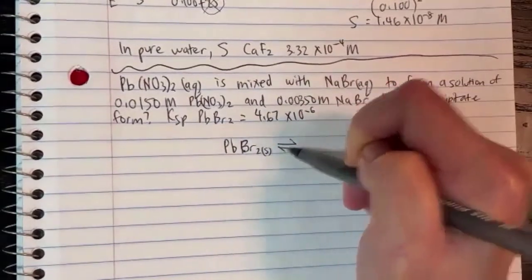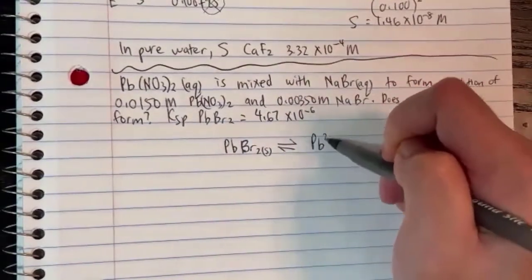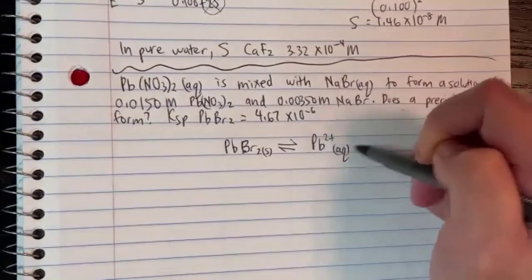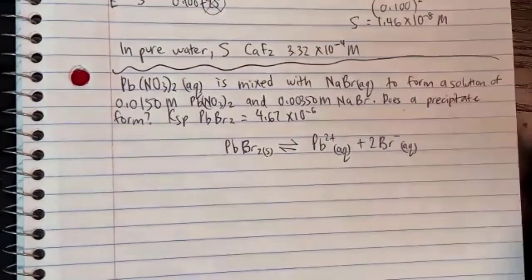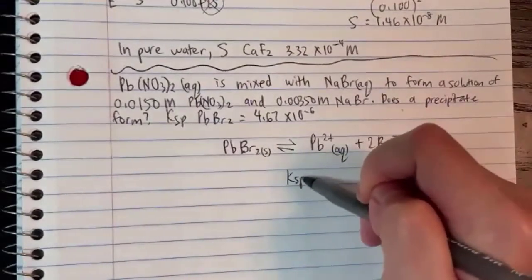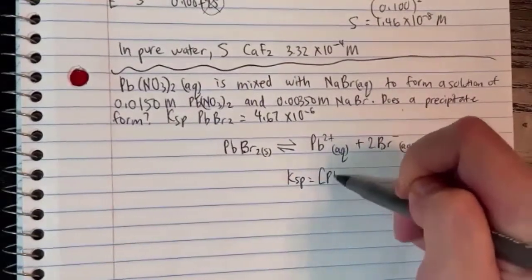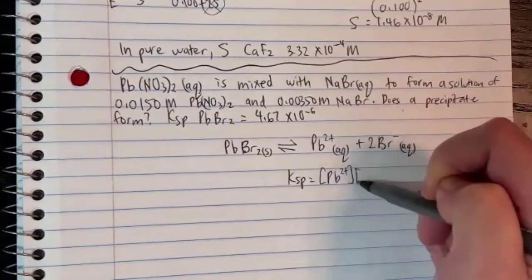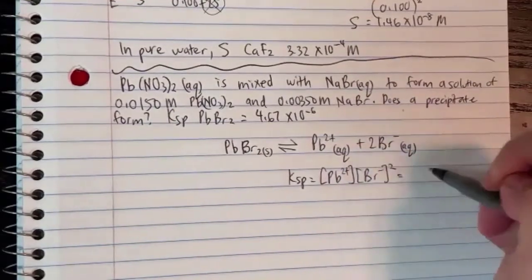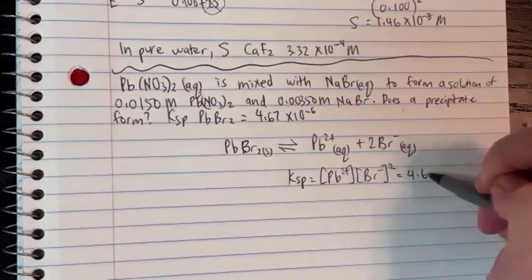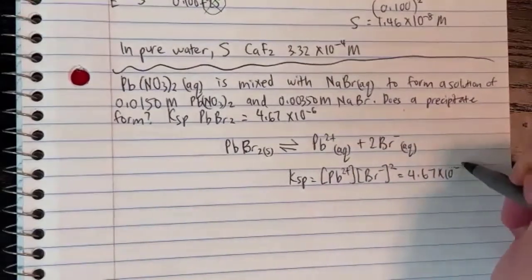It's going to break into ions, and the formula for KSP is Pb2+ times Br- squared, which equals 4.67 times 10 to the minus 6.